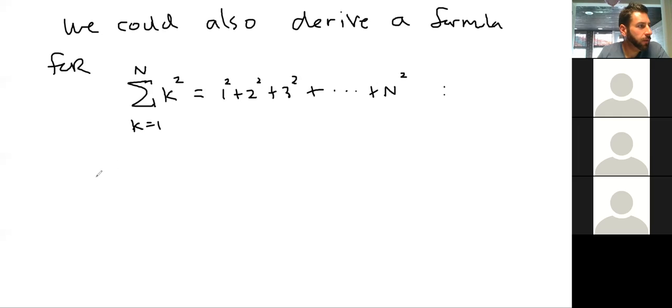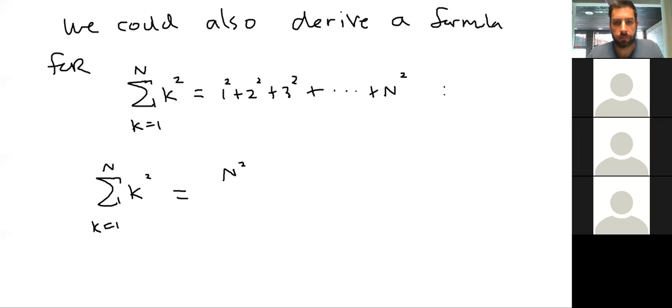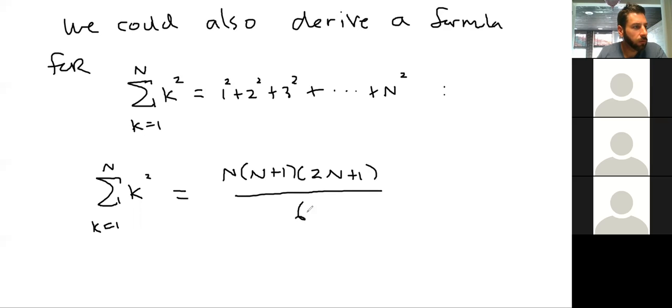It turns out that this is equal to, excuse me, it's not n squared, it's n times n plus 1 times 2n plus 1 over 6. And we are going to use this formula over and over and over again.